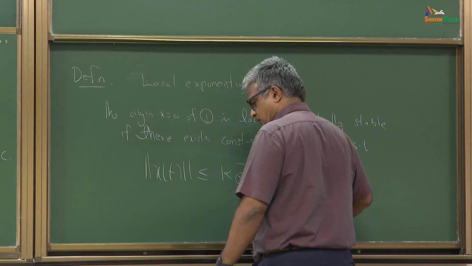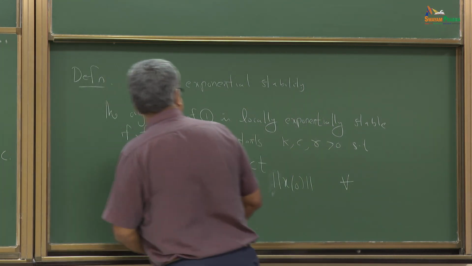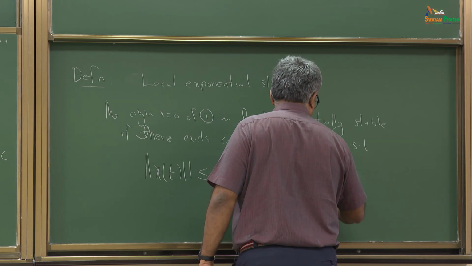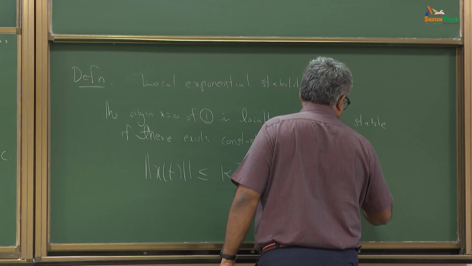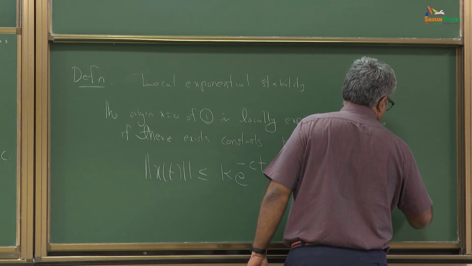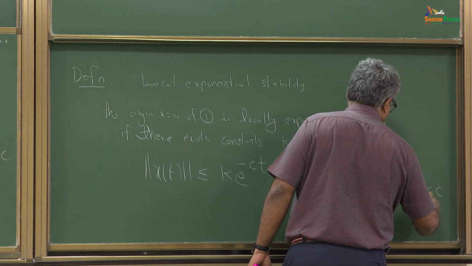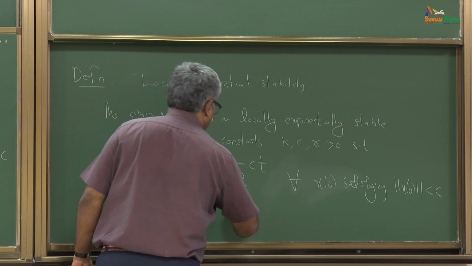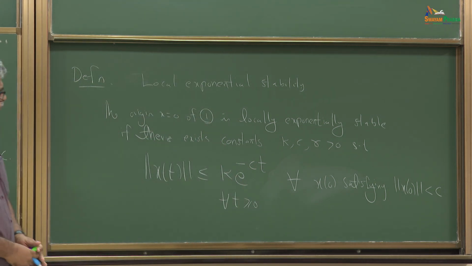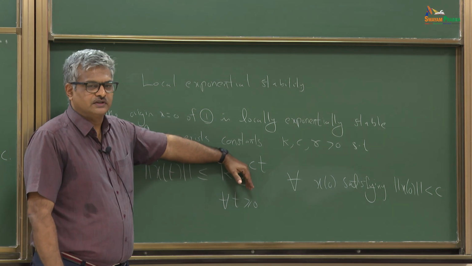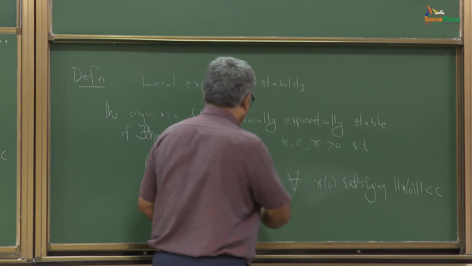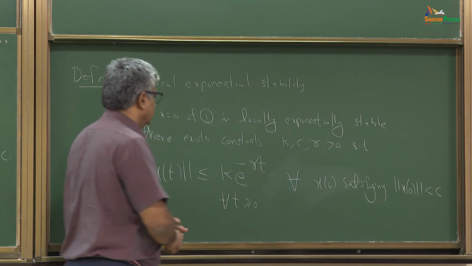Right? So your solution is bounded by an exponential function. That means you should be able to find some K, some C. Sorry, here it should be R. Right?